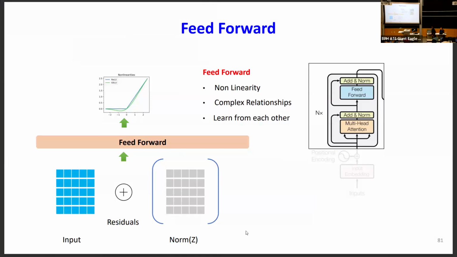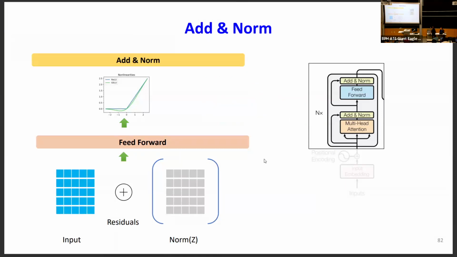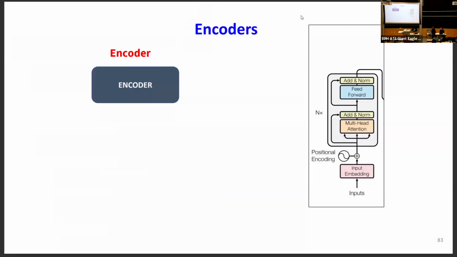And again, add-norm is done to provide a similar benefit as we saw earlier. At this point, we finish our encoder flow.